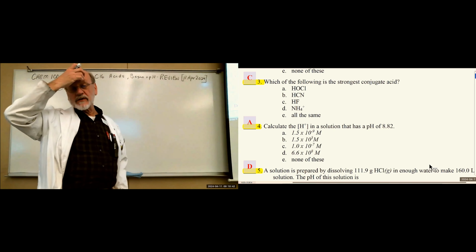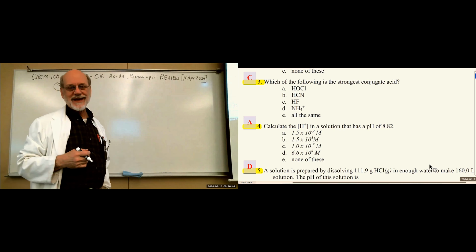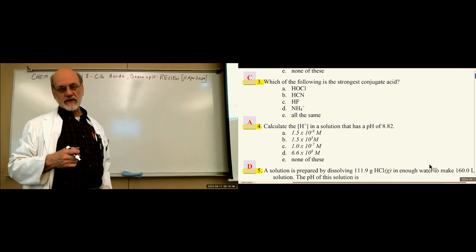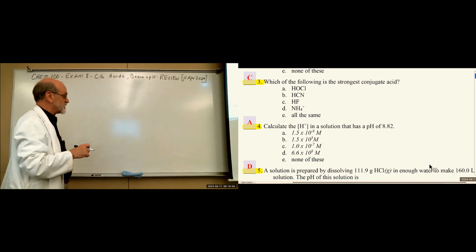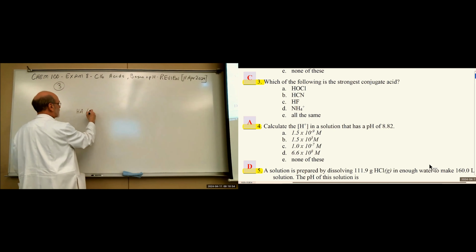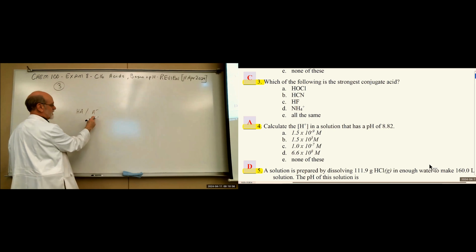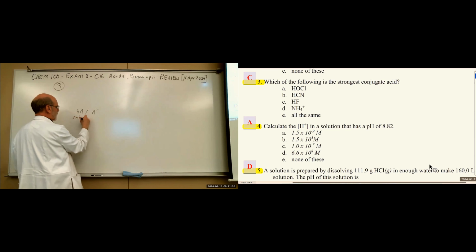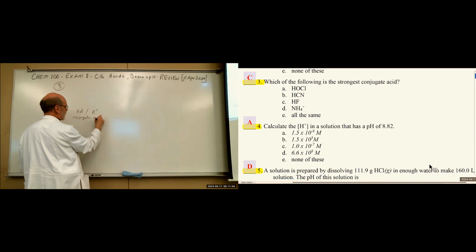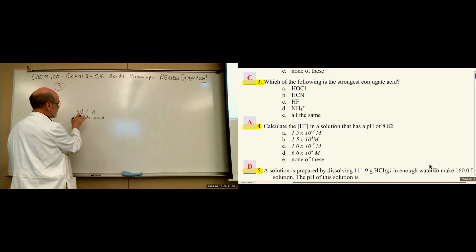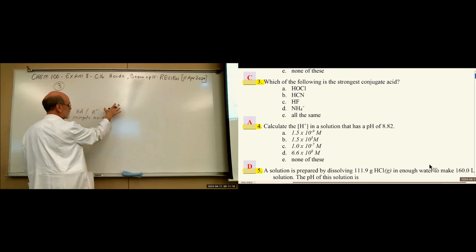Which of the following is the strongest conjugate acid? Remember, conjugate acid-base pair, you have something like this, and then that would be the conjugate base. So when we say conjugate acid, it could be this one, or it could be a base going to an acid over here.